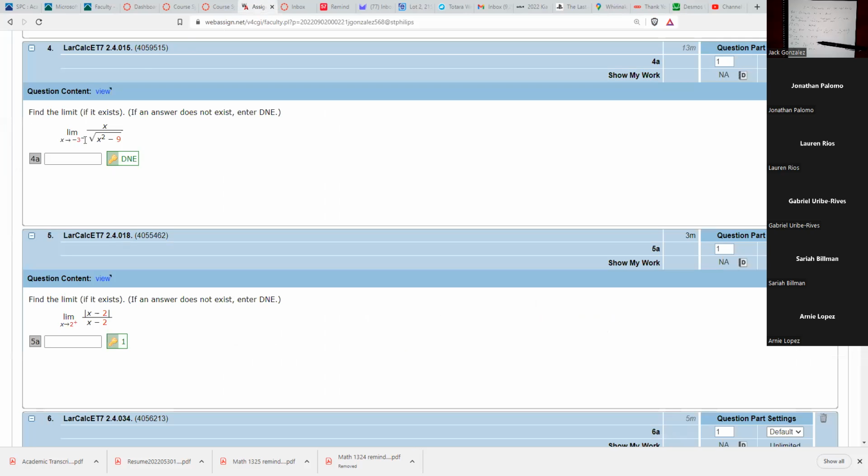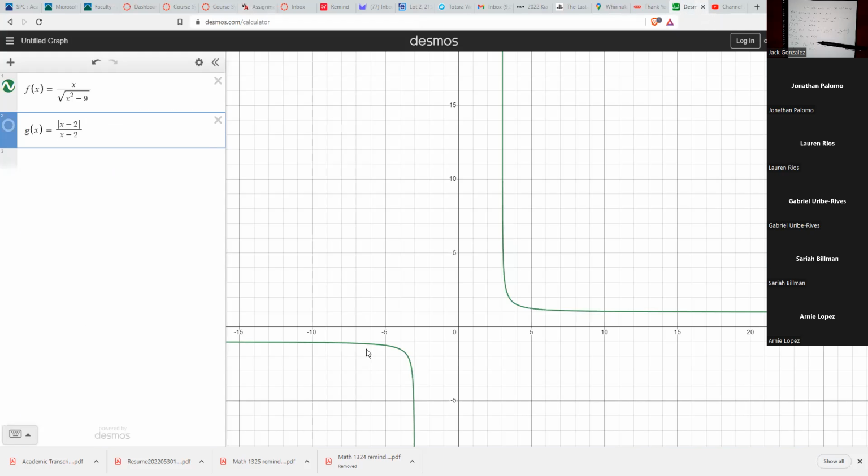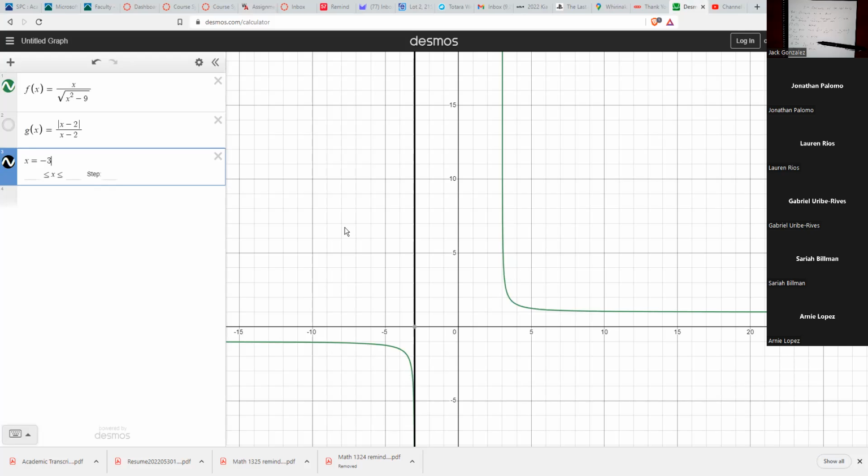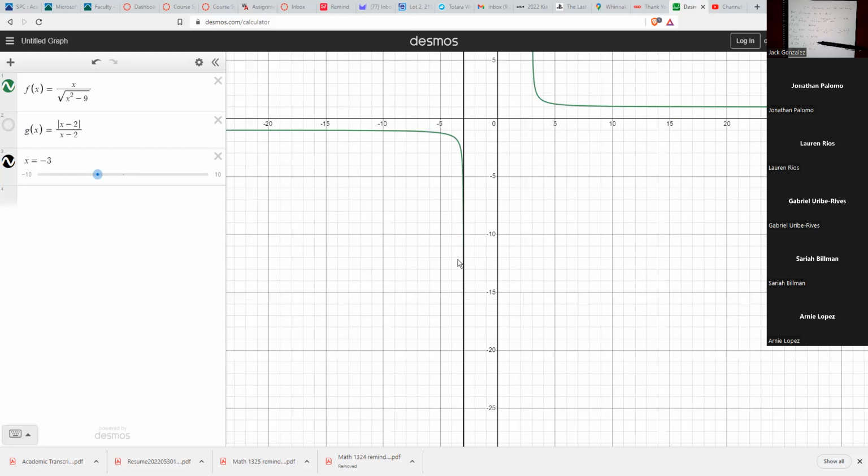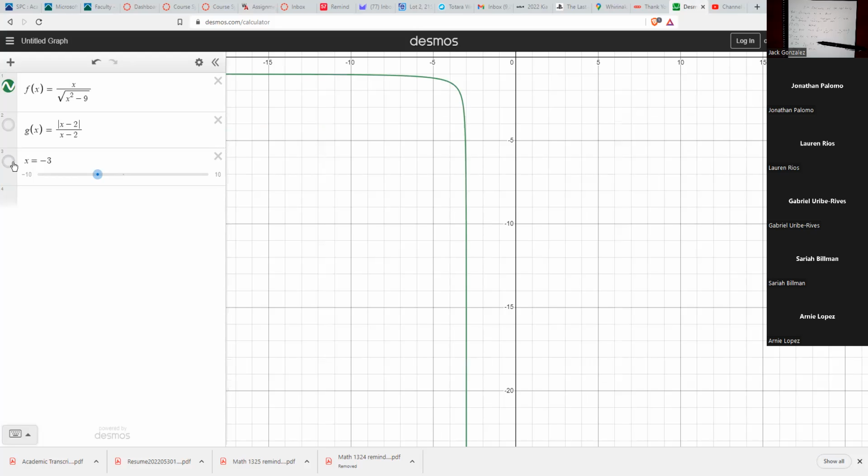On this guy, limit from the left at -3. So -3, I don't know where that is. So let's make a marker. From the negative side, from the left side, it shoots down forever, right? So there is no actual limit.